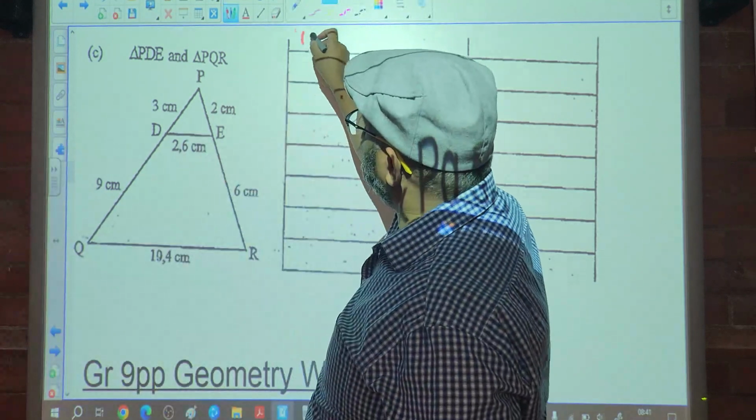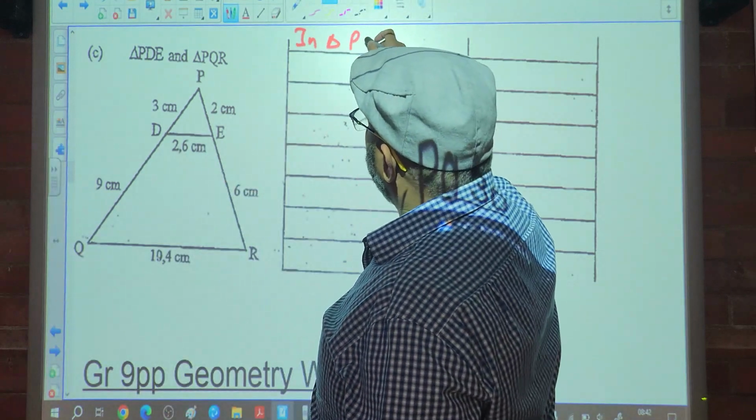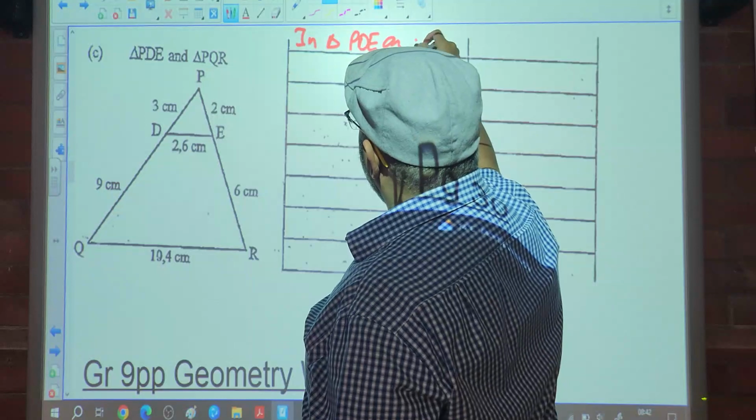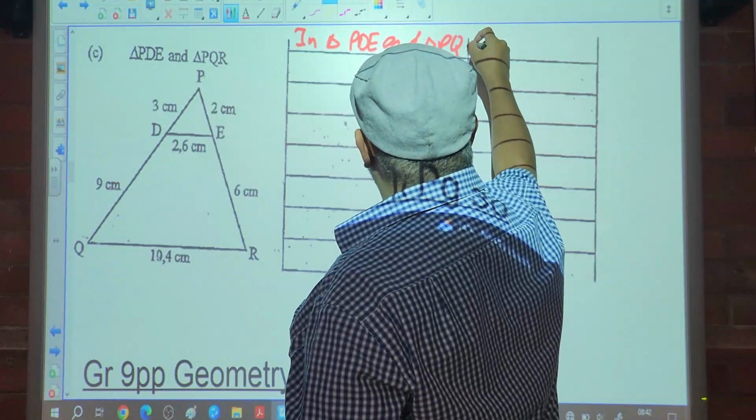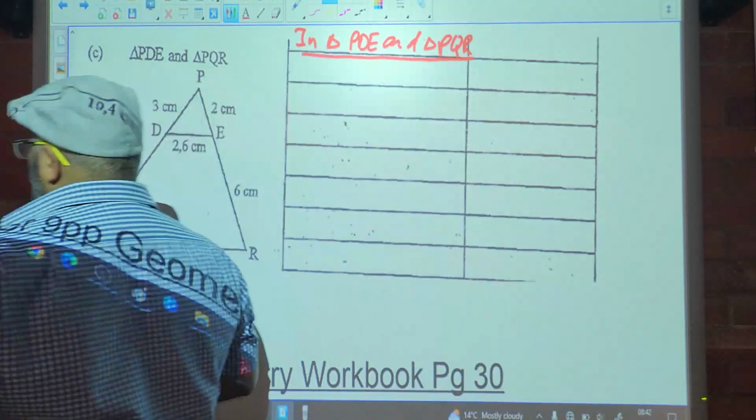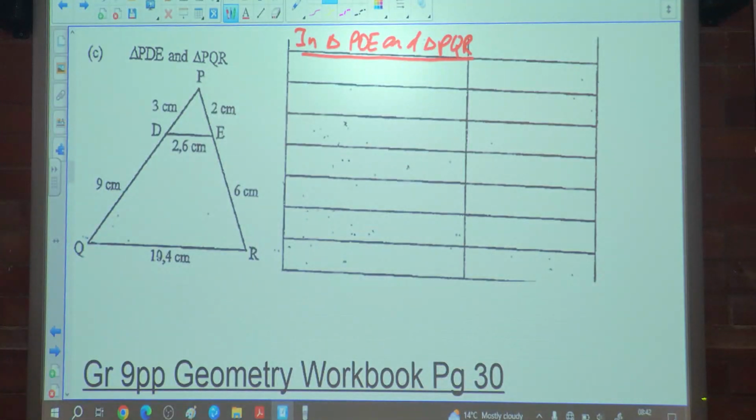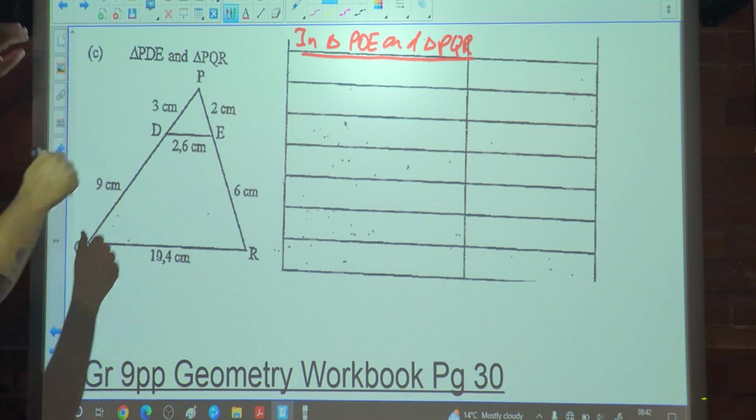So what do I say? I started by saying in triangle PDE and triangle PQR. Are we going to prove that the sides are in proportion, or are we going to prove that they're equiangular? Sides are in proportion. Why? Because we have all the sides here. Okay? So let's go.